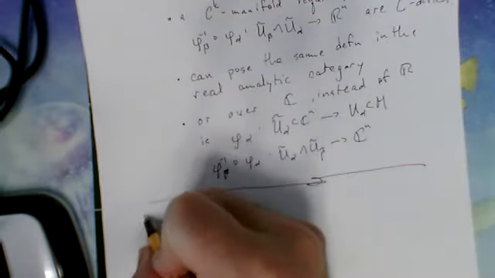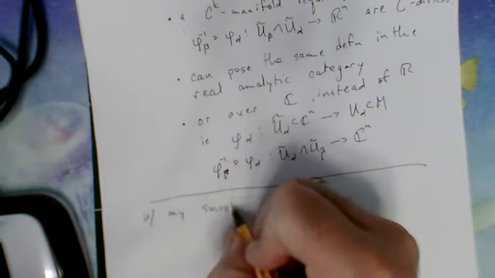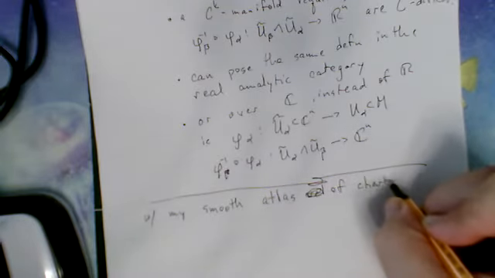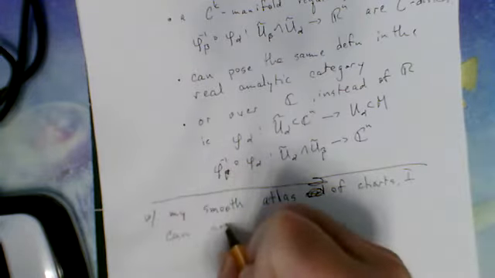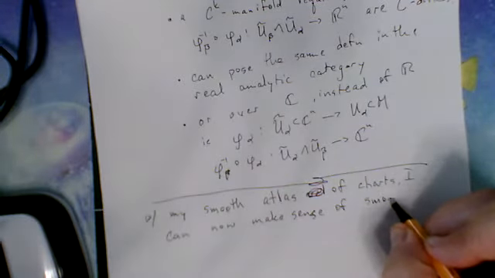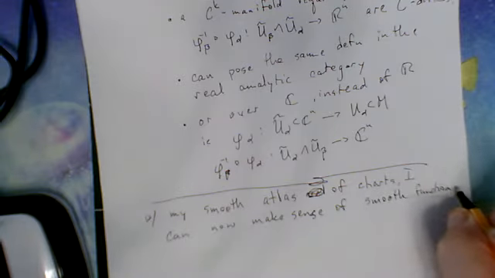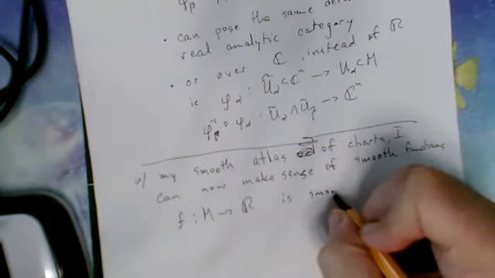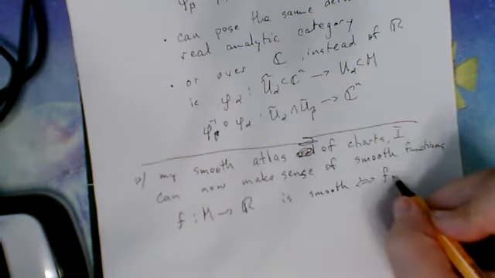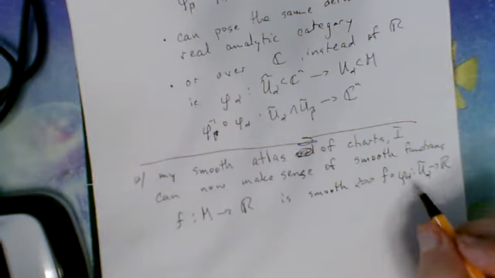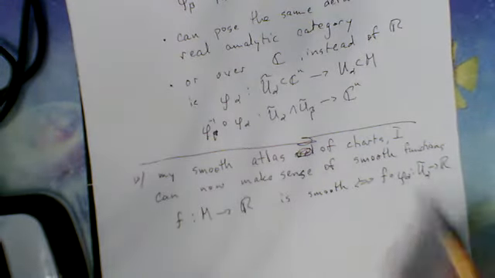So this is some basic definition. Now, of course, once I have my smooth atlas of charts, I can make sense of things like smooth functions, by saying that my function f is smooth precisely when the precomposition of f with any local coordinate chart is smooth.